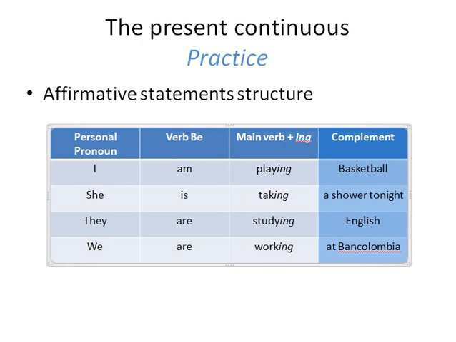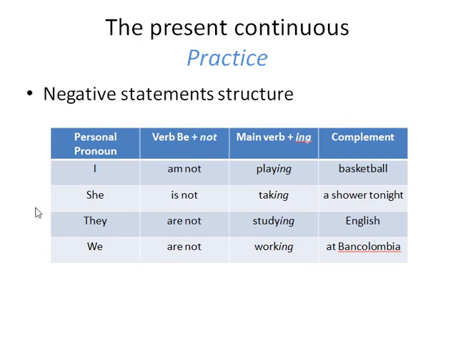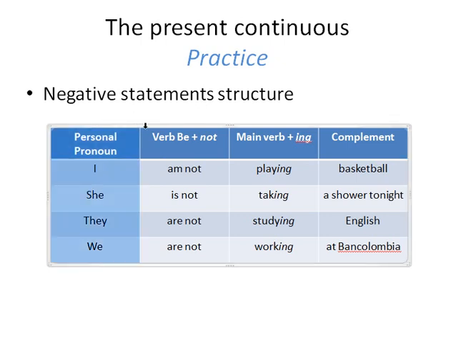Next, we have negative statement structures. In this case, we have again personal pronoun, then we continue with verb be plus not, then we continue with main verb plus ing, and finally the complement.